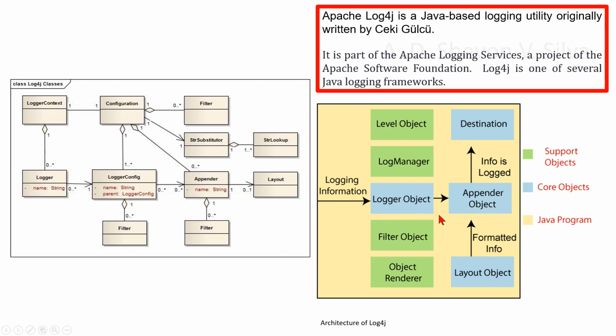Logger object: this is the top level layer that provides the logger object. The logger object is always responsible for capturing logging information, and they are also stored in a namespace hierarchy.